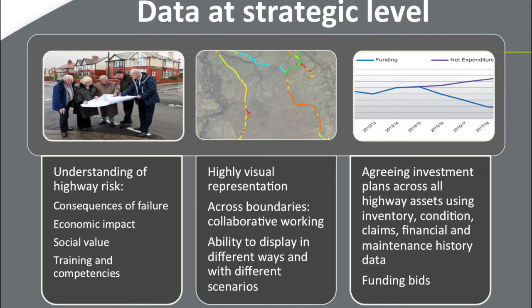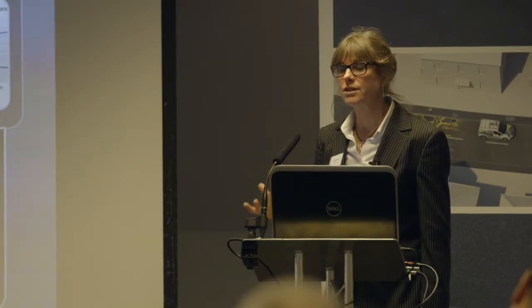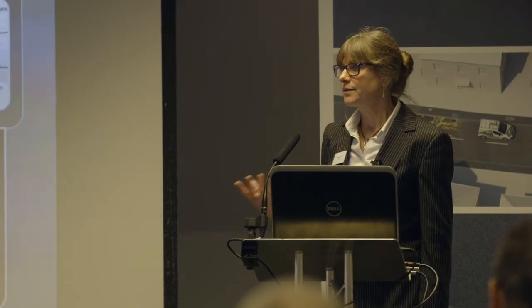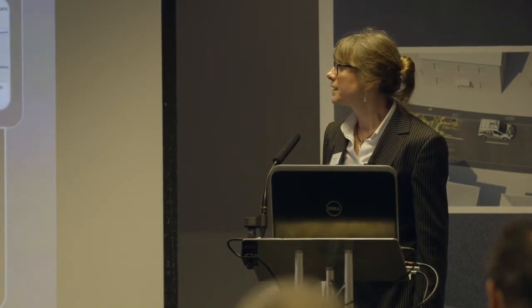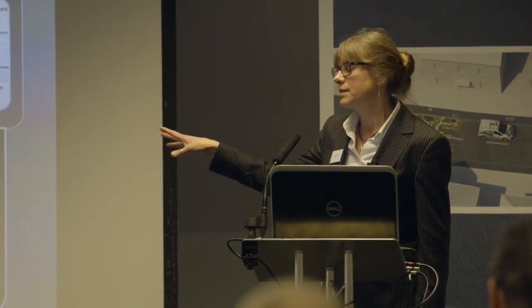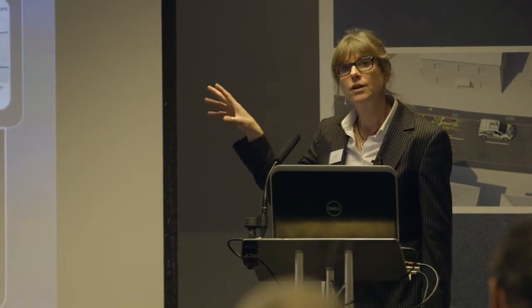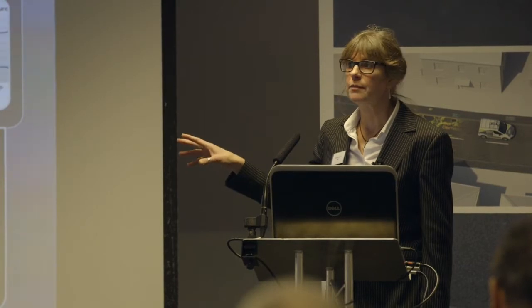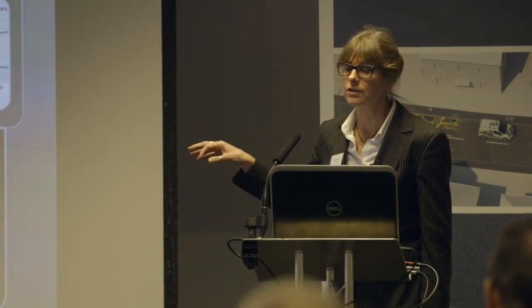And then at the strategic level, I come back to how you demonstrate an understanding of highway risk that runs all through the authority. It's quite heartening to hear both Zurich and Steve Berry offering to come and talk at strategic level for authorities, because there are consequences of failure. People do talk about transport and highways being the backbone of the economy, but what does that really mean in a local context?